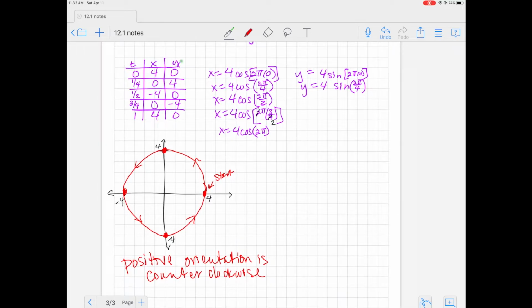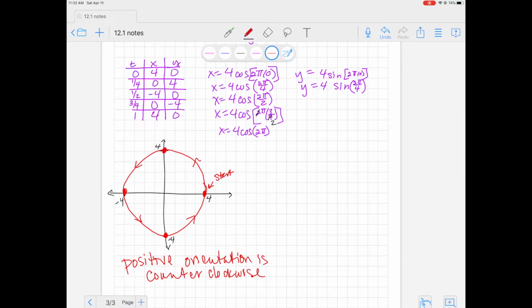And it just goes with how this increases, like how your points go here. As you go down that line, as t increases, your parameter increases, and that's the direction. That's what is considered positive orientation, the direction that your parameter increases, right? It doesn't have to go up, doesn't have to go down. And this time, it is counterclockwise is that direction.